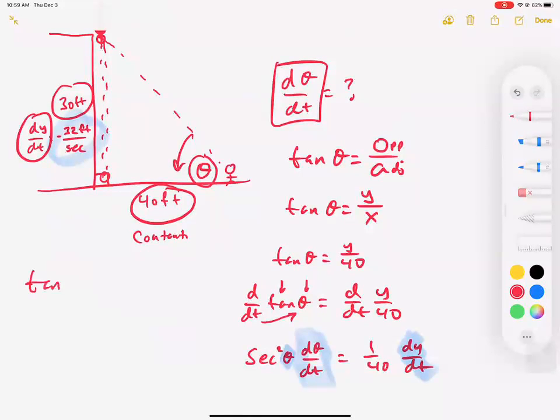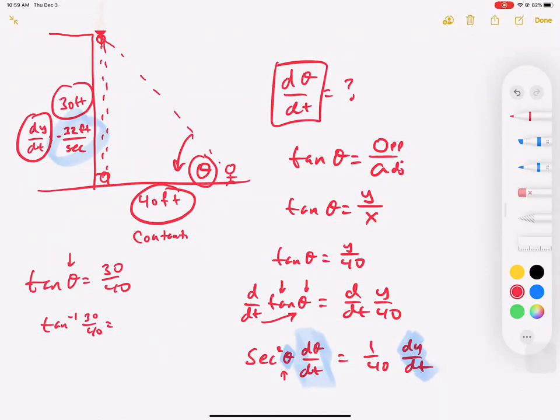What is tangent of theta at the very instant of 30 over 40? What would theta have been? So sometimes you have to go back to look for these variables, because it's still asking me for theta. So let's go ahead and take tan inverse of 30 over 40. That'll give us a calculator answer, and we're going to answer this in radians. In calculus, we always do everything in radians.